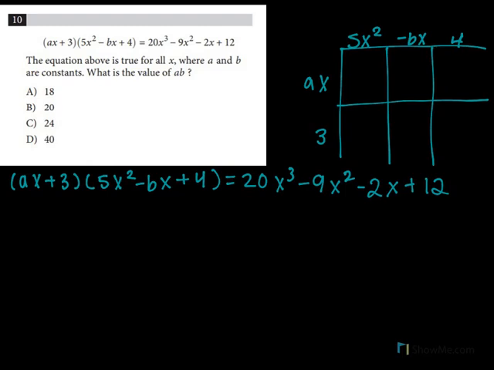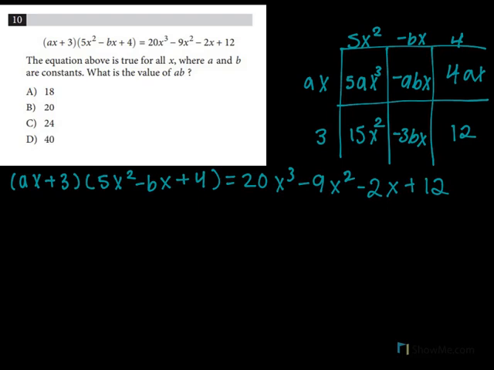So multiply this out: 5x squared times ax would just be 5ax cubed, then 5x squared times 3 is 15x squared. Ax times negative bx would just be negative abx squared. Negative bx times 3 is negative 3bx. Ax times 4 is 4ax. And 3 times 4 is 12.